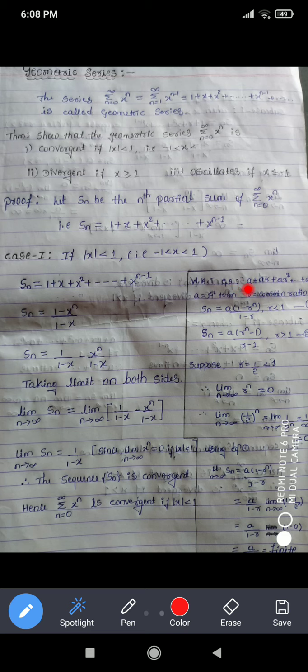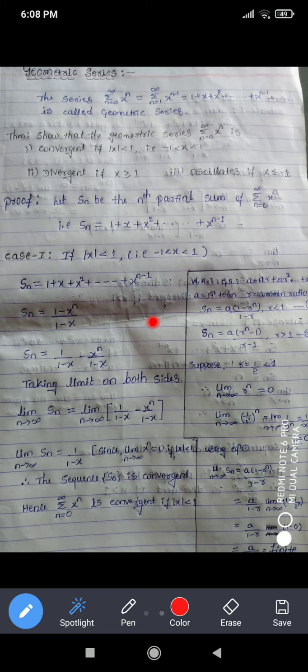Using this formula, S_n is equal to a into 1 minus r raised to n divided by 1 minus r, which you can use if r is less than 1. Suppose r is greater than 1, we can use this formula: S_n is equal to a into r raised to n minus 1 divided by r minus 1.